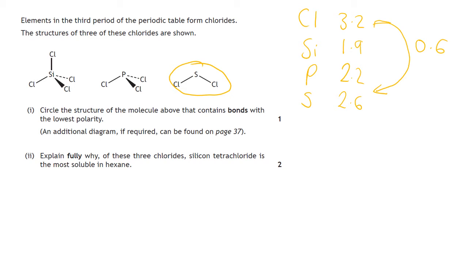Now our next question here is a 2-mark question, and it's talking about solubility. So explain fully why silicon tetrachloride of those 3 molecules is the most soluble in hexane. Well, just like the last question, let's start with what we know about hexane. Hexane, we just have to remember, is a non-polar solvent.